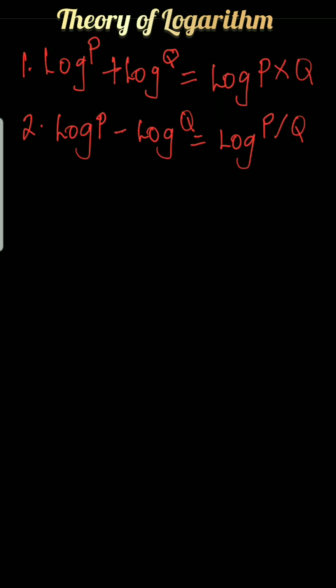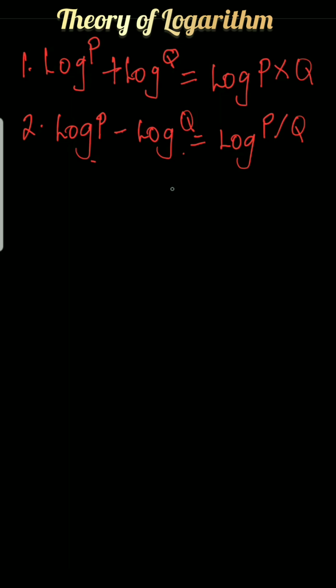Secondly, log p minus log q is expressed as log p divided by q. Now, this law makes provision for subtractions of logarithm of numbers in the same base. When there is no base written in the logarithm of a number, that shows that it's in base 10. And so if you can't find a base here, that means this expression is made up of logarithm of numbers in base 10.